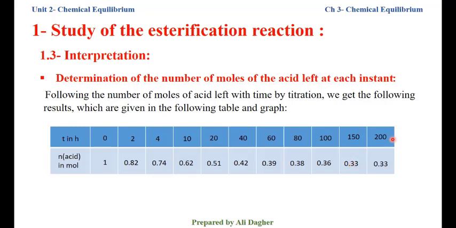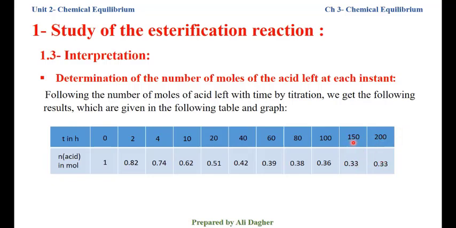And at t equal 200 hours, that means after 50 hours, the number of moles of acid left remains constant, equal to 0.33. That means the reaction has ended at t equal 150 hours if the reaction is complete, because the number of moles of acid since this instant remains constant.